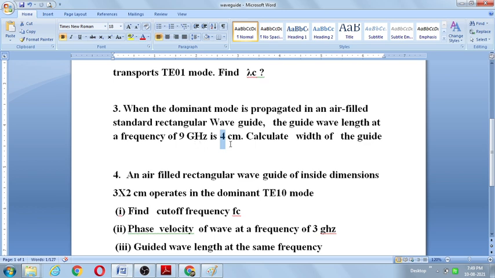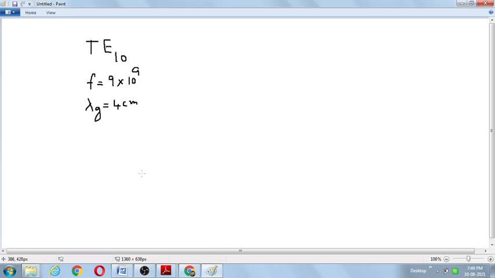Calculate the width of the guide. So we have to calculate the dimensions of the rectangular waveguide, that means small a value, the broader dimension, and small b value, the narrow dimension.